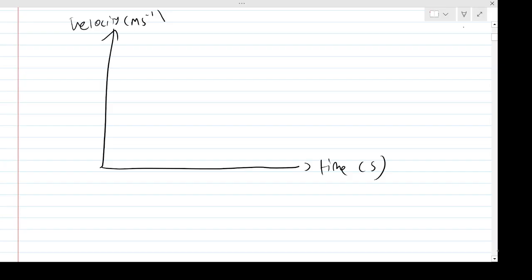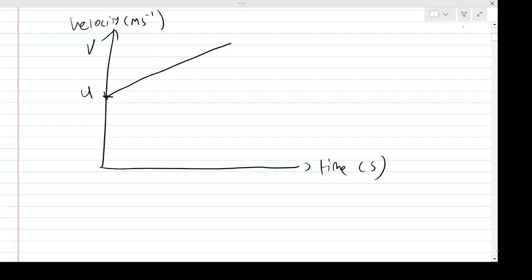Now, what I'm going to propose is we start the graph at a velocity of u, not at 0 but at some velocity u, and then it travels with constant acceleration, meaning it's a straight line, and then we finalize our journey, so we're at the final velocity of v.